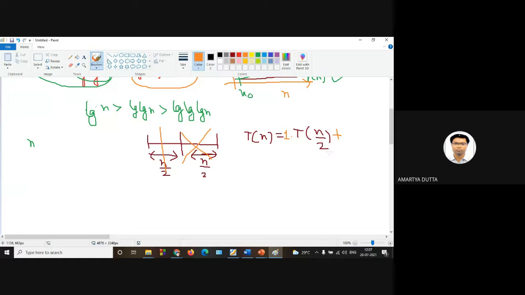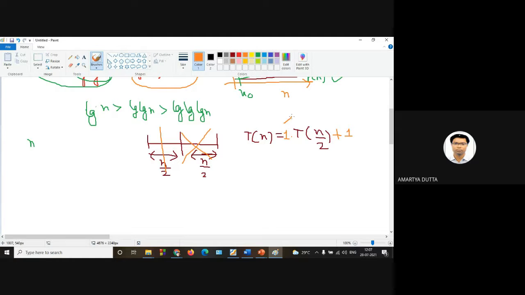I'm finding only a particular element in binary search, searching for a particular element. So the toll function, I'm discussing the toll function shortly. The toll function of this recurrence relation is 1.